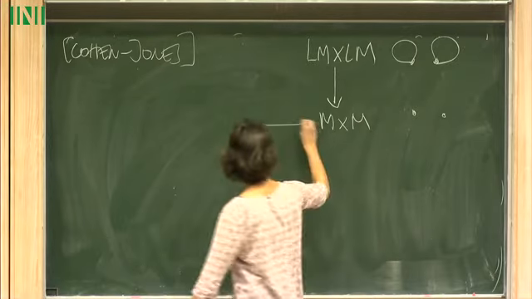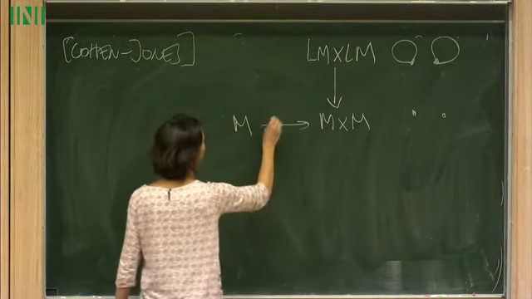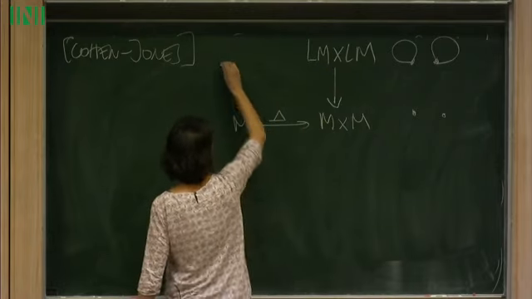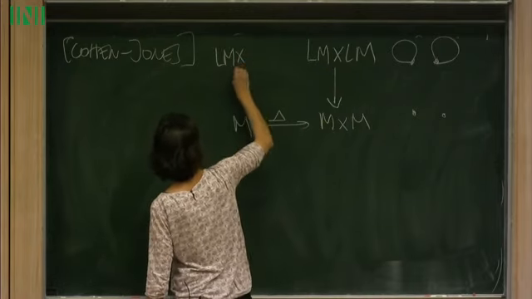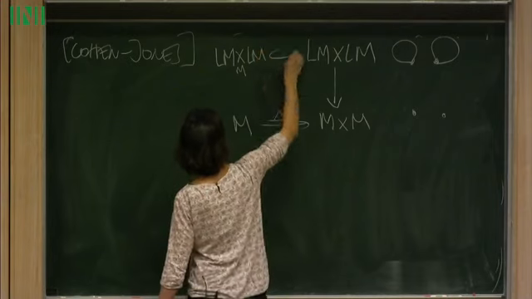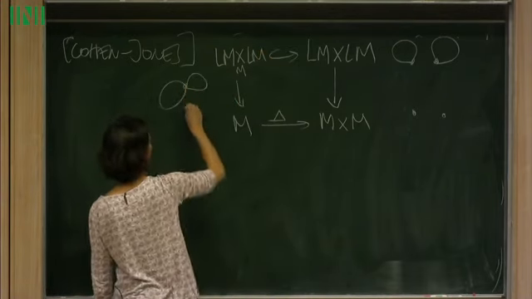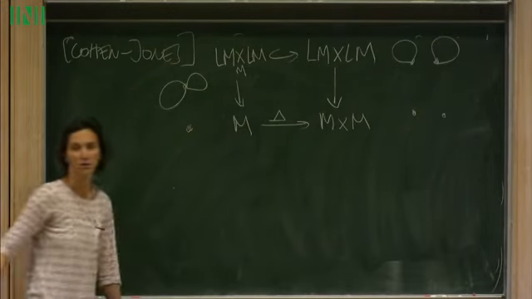Inside, here you have the diagonal, and what is the pullback over this is the space Lm cross over m Lm, which is the pairs of loops which agree at the base point.